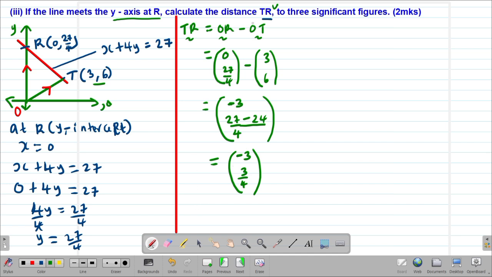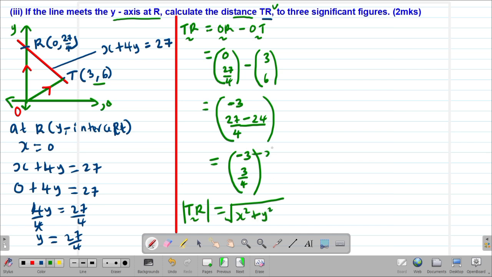Now, to get the distance is just the magnitude. The magnitude for the vector TR will be given by the x coordinate squared plus the y coordinate squared.